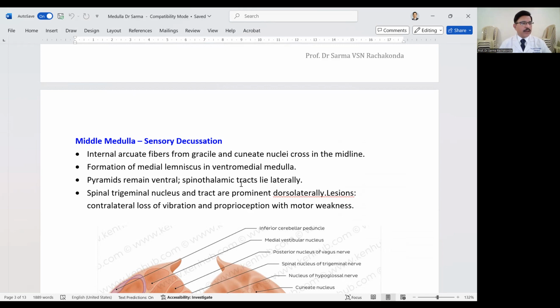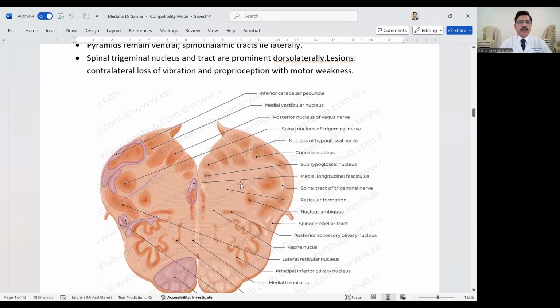Now look at this diagram. You can see the inferior cerebellar peduncle, the lateral-most one, followed by the medial vestibular nucleus, then the posterior nucleus of the vagus nerve, the spinal nucleus of the trigeminal nerve, the nucleus of the hypoglossal nerve, cuneate nucleus, subhypoglossal nucleus, and the medial longitudinal fasciculus.